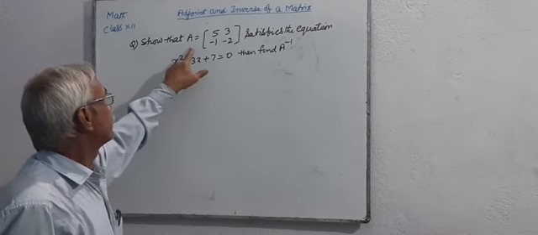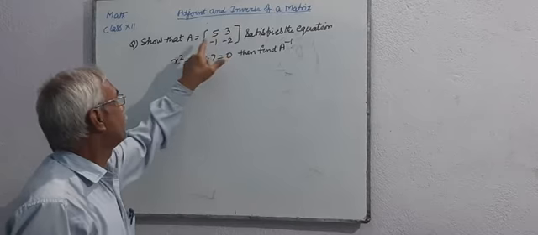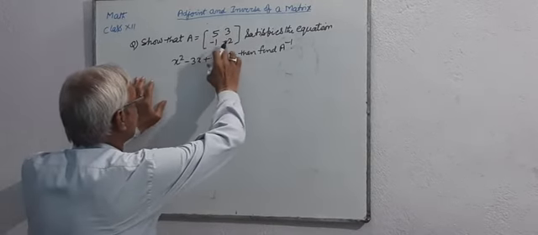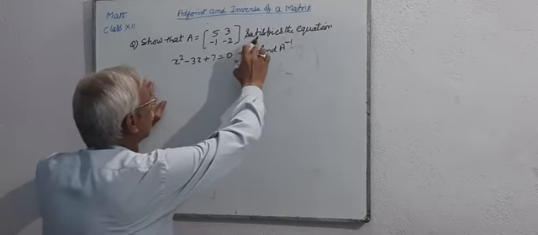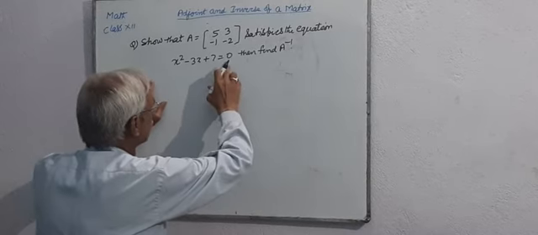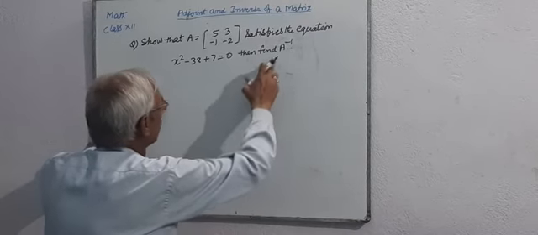Next question: A is a matrix, first row 5, 3, second row minus 1, minus 2, satisfy the equation x square minus 3x plus 7 equal to 0. Then find A inverse.